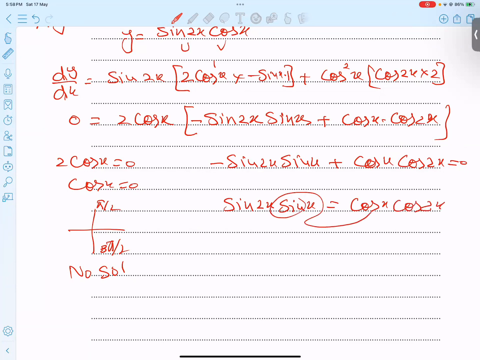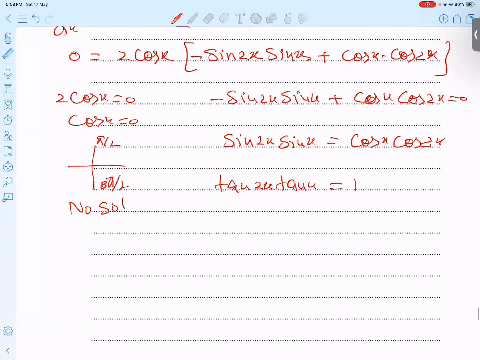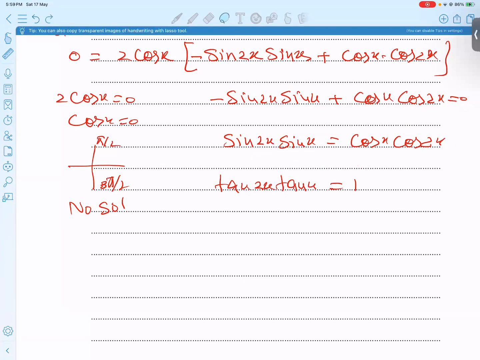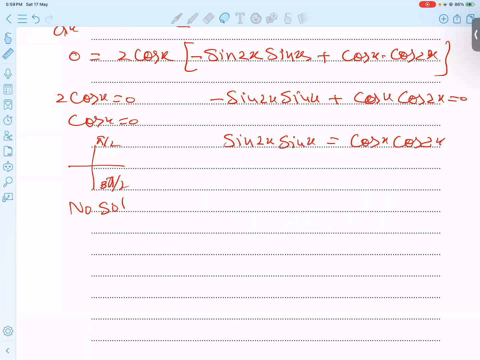Sine goes under it, I get a tan, so I get tan x here. It goes there, and I get tan double x here, and equals 1. I have not one method, there are more ways also available. I can convert in sine over cos, or I can convert the cos values as well. Okay, I think maybe you may find that part easy. But I show this method is also available.